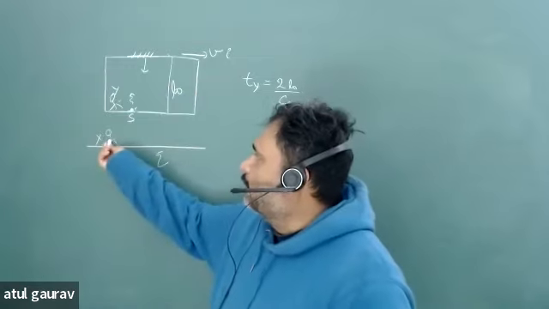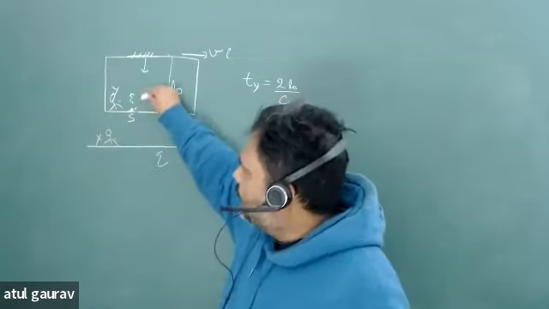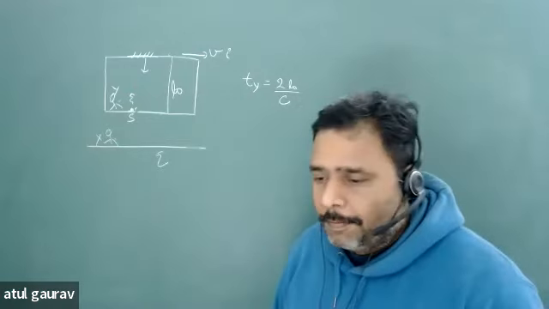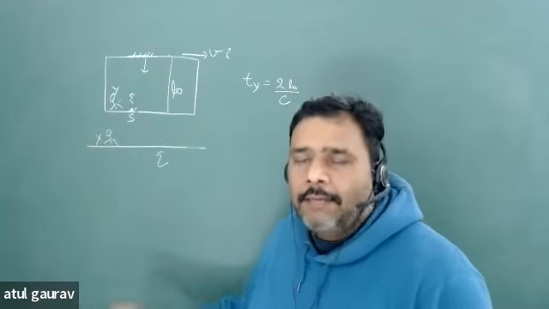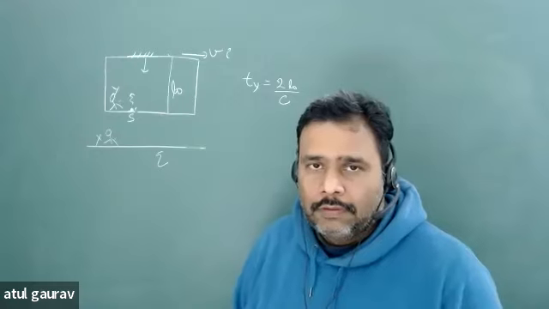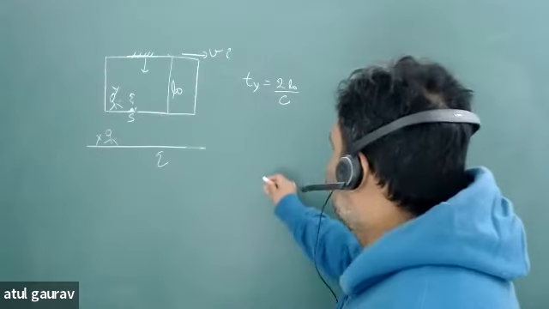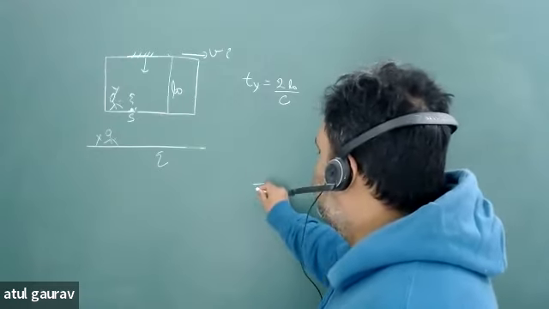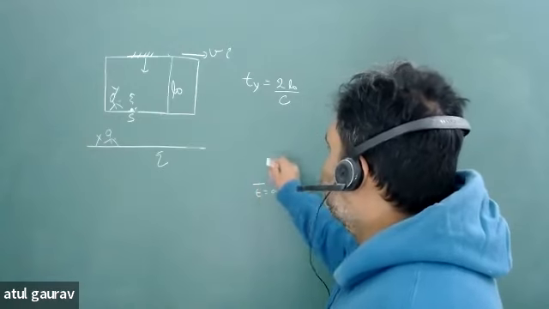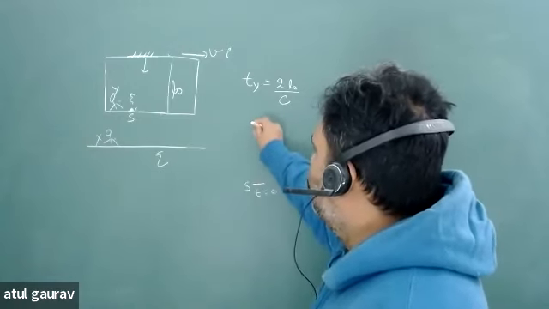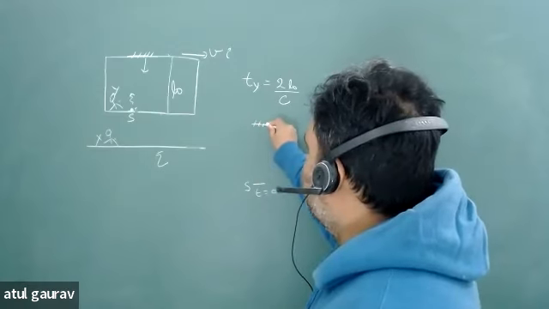So this person will see the light pulse make a rectangular shape. You will see something like this. At t equal to 0 the source is here, and this is your mirror.